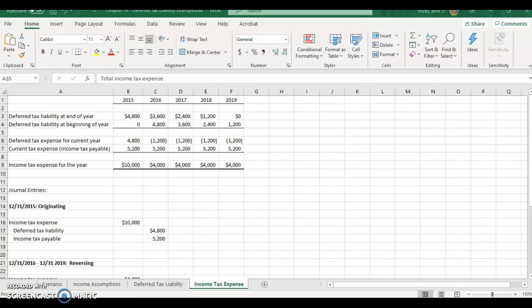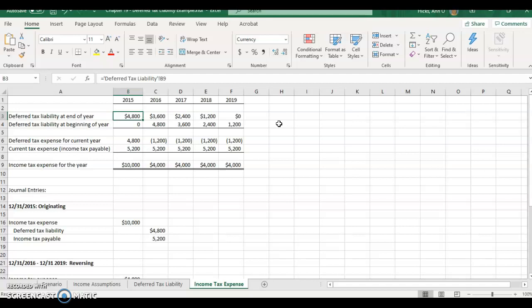Okay, let's look at this last spreadsheet wherein we go through an analysis to determine our journal entries for each year. Let's first look at the schedule at the top of the work paper. What I've done is for each year, I've created a reconciliation to come down to income tax expense for the year. So 2015, at the end of the year, we've got a deferred tax liability of $4,800.